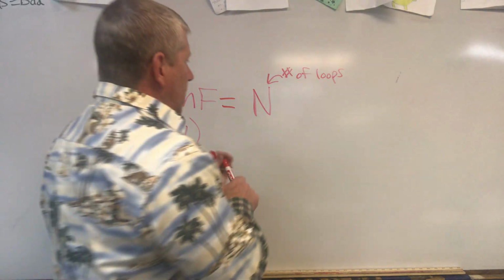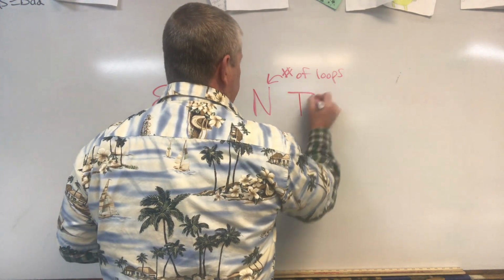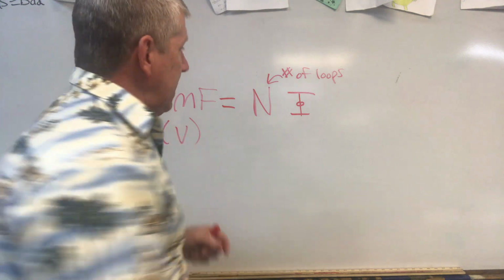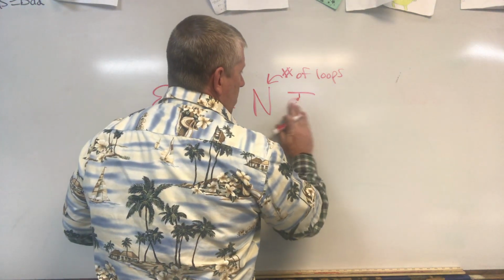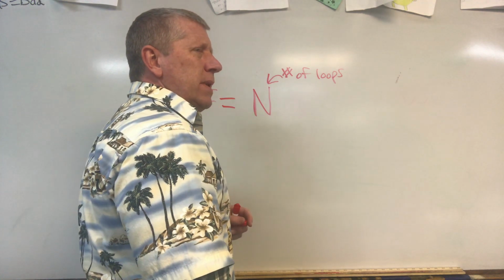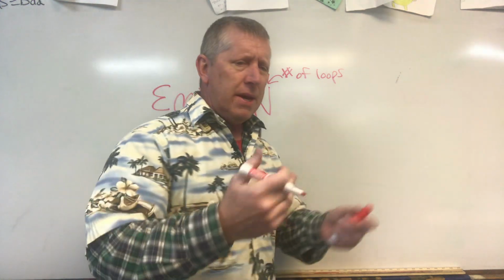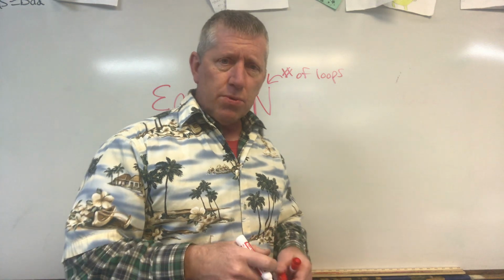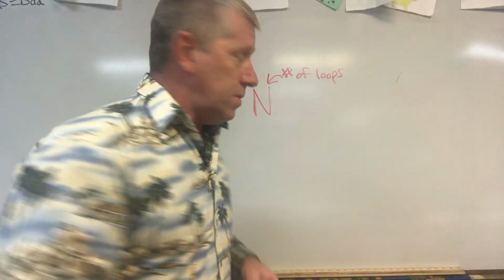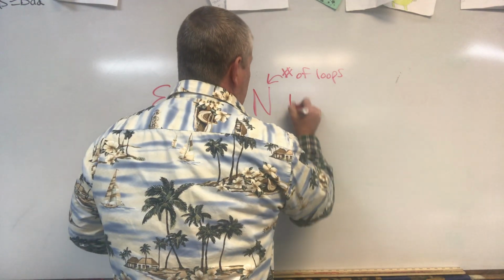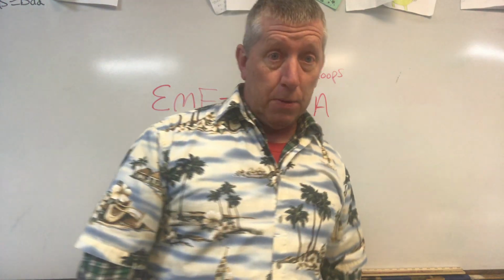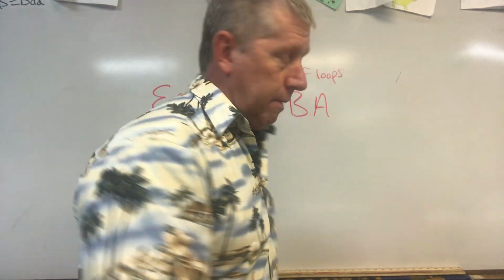Then we have to have flux, phi. Phi is equal to flux, and you'll see it written in your AP handout. You can go check that. They give you what flux is equal to, so you make the substitution: BA.